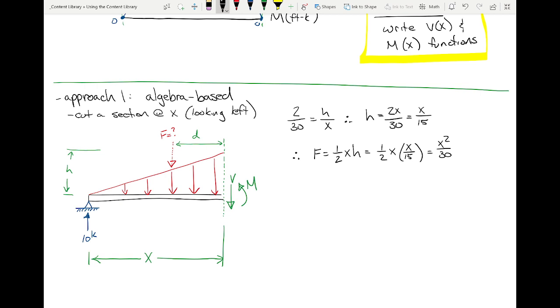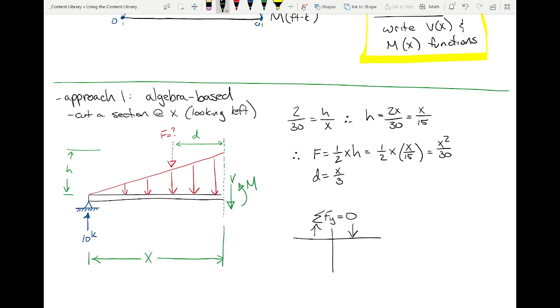D is what? See, this isn't so bad, right? Hopefully this is pretty straightforward. Now, if that's the case, let's sum forces in the y direction.